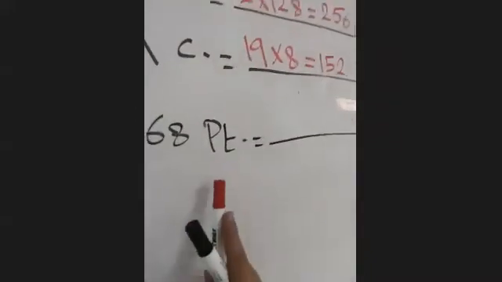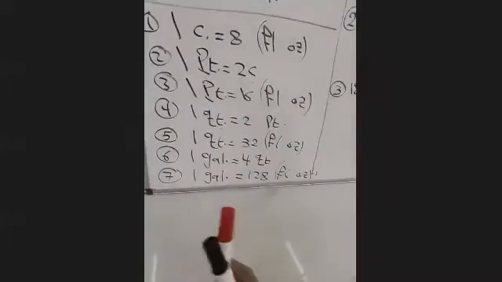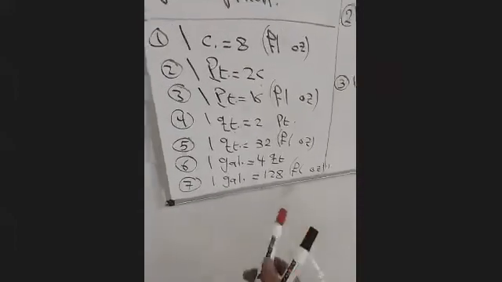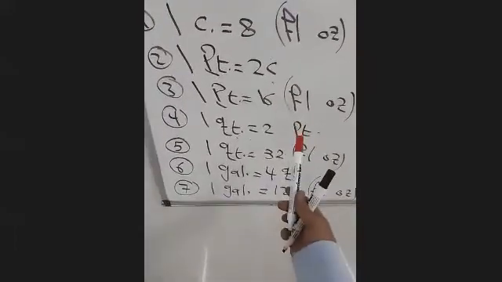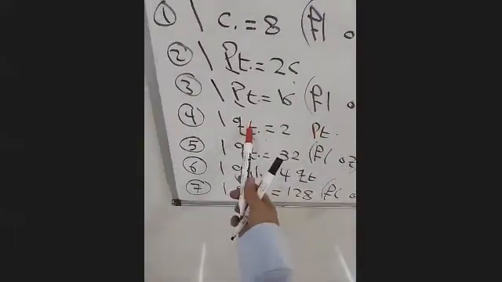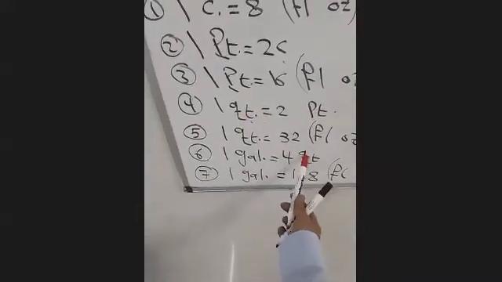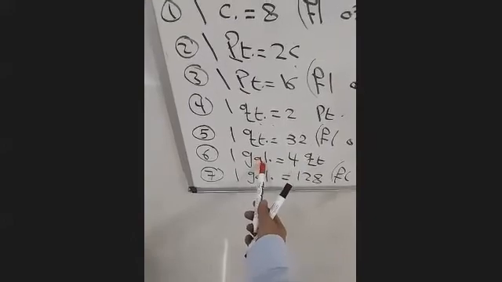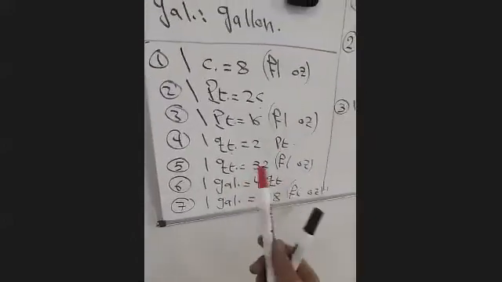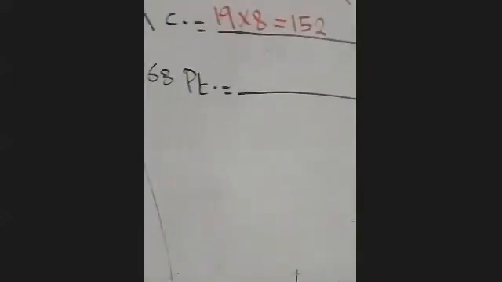I will turn from pint to where? To gallon. I can go from pint to quarts, right? Then from a quart to where? To gallon. Because I don't have a direct relationship between the pint and the gallon.